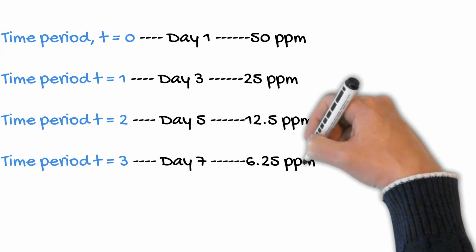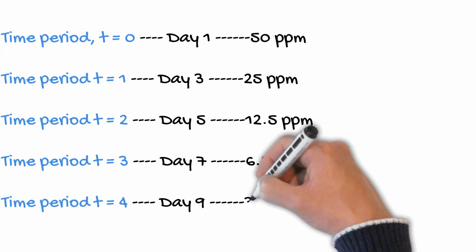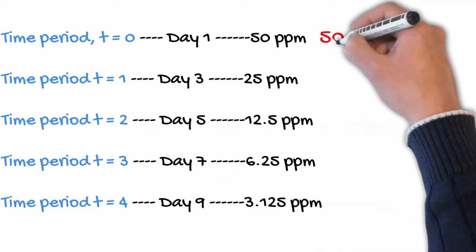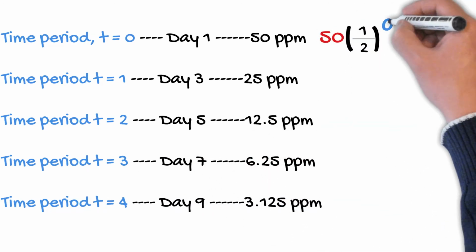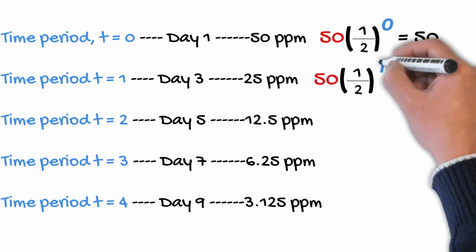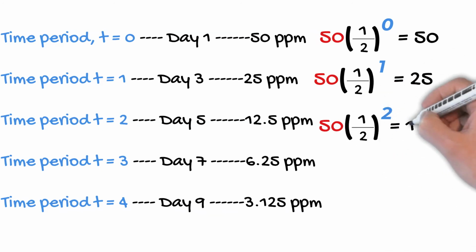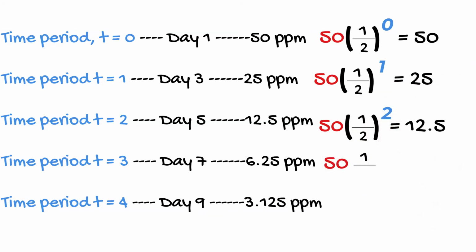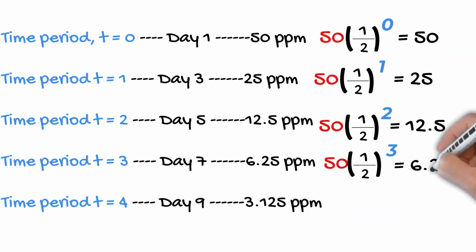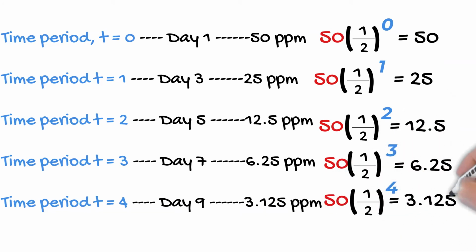Let me write that in blue as well to indicate that t is representing the same factor there. So if t is 1, that's 50 by 1/2. If t is 2, that's 50 by 1/4. If t is 3, that's 50 by 1/8, then 50 by 1/16. And we can see these numbers are correct.